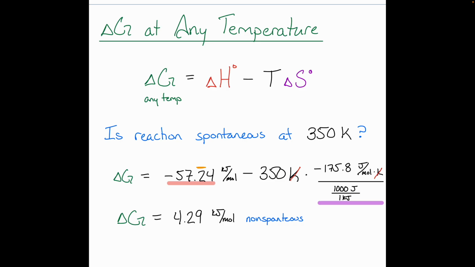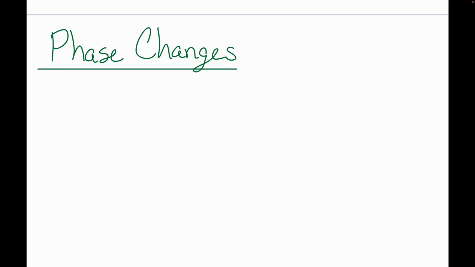All right. So now we're going to discuss what are called phase changes. Substances have a characteristic melting point and boiling point.